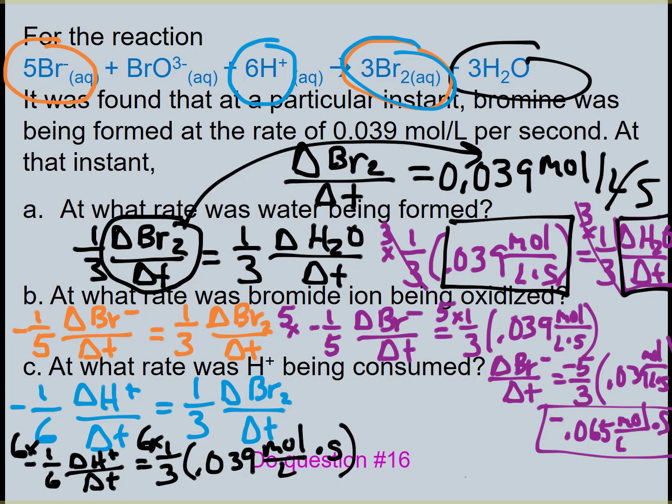So that's going to be 6/3 or 2. 2 times 0.039. And I'm going to get a -0.078 moles per liter times seconds. I guess it's moles per liter per second. So it would look like this. Let me just go back and fix that.